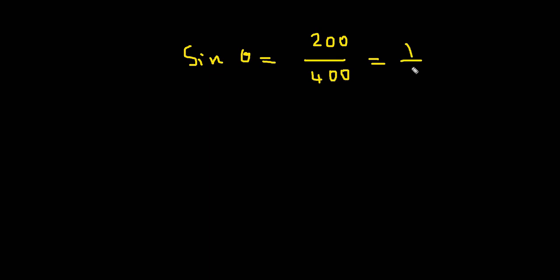Sine theta equals 200 divided by 400, equals one half. Using shift sine, theta equals 30 degrees. The acute angle theta equals 30 degrees.